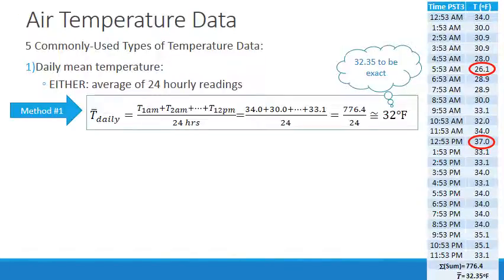One reason I do this is because I'm not positive that the absolute temperature minimum occurred at exactly 5:53 in the morning, nor am I sure that the daily high temperature occurred at exactly 12:53. It may be that we reached a low of 25 sometime before or after the 5:53 reading, right?